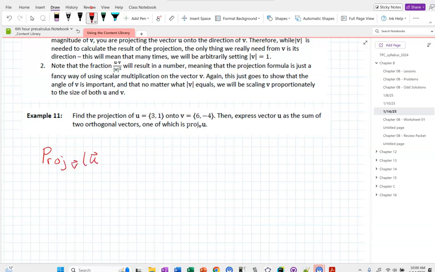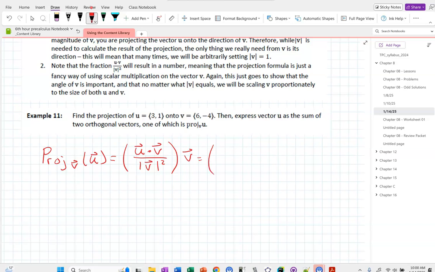The vector we're projecting onto is the subscript, and the vector doing the projection is the argument. So if I just copy the formula in, that's my formula.